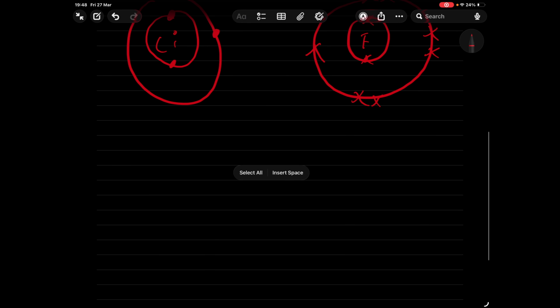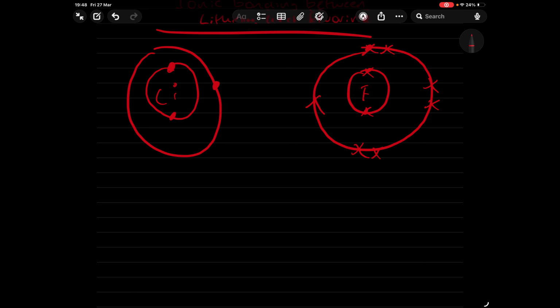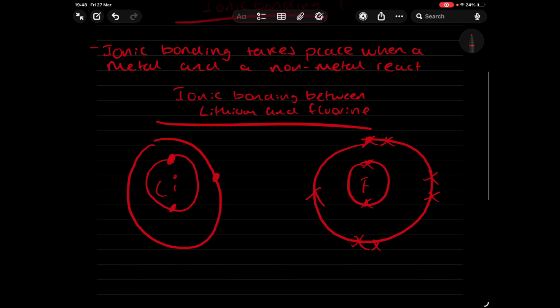It has 7 because it's a halogen, and halogens are group 7, and group 7 elements have 7 electrons in the outer shell. So therefore, fluorine has 7.